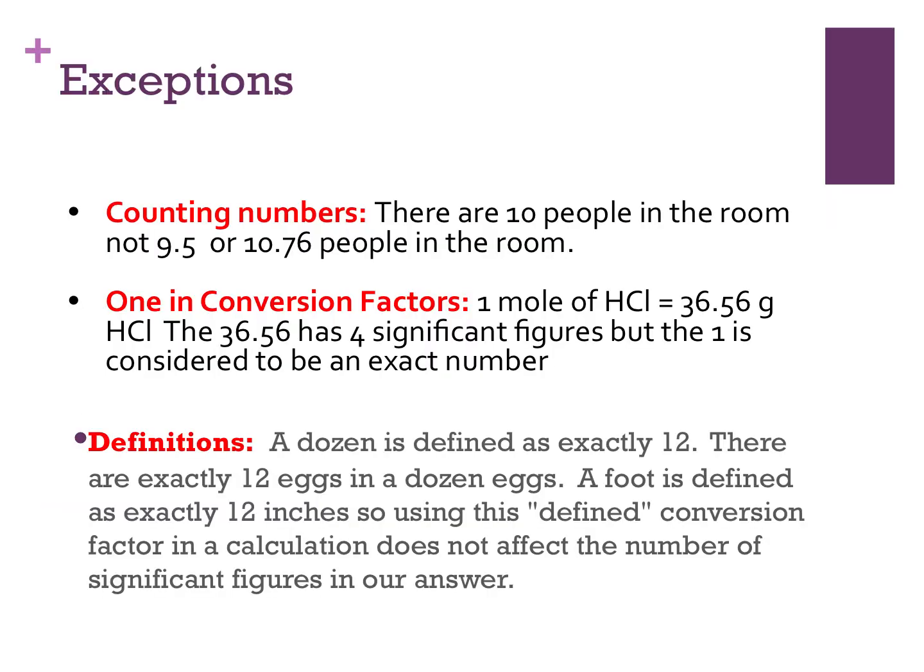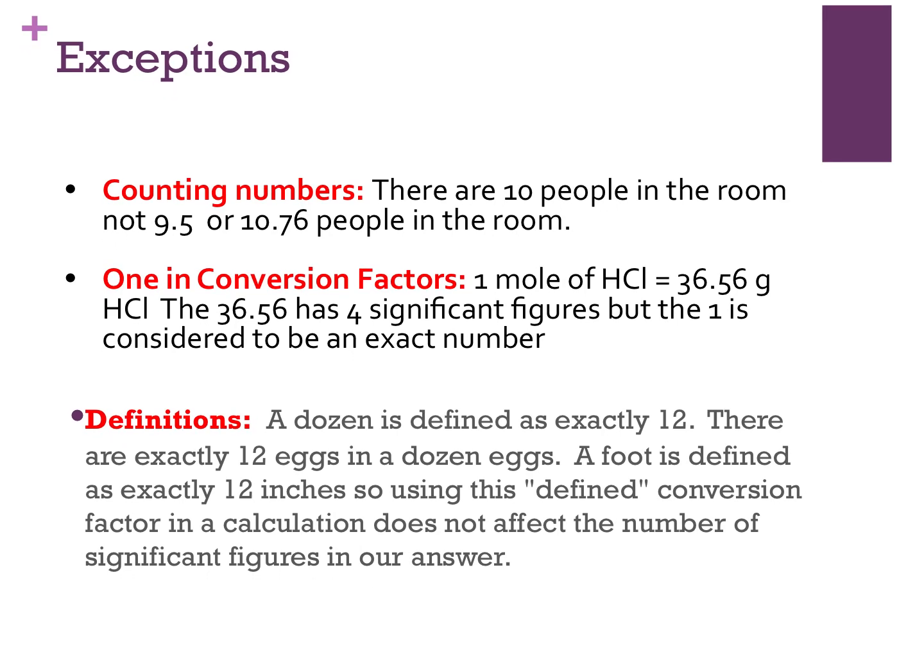Let's talk some exceptions to sig figs. One exception is counting numbers. If we were to count the number of people in this room, there's 21 of us in this room, okay? Can there be like 0.5 or 0.76 of us? No, right? There's exactly 21 of us.